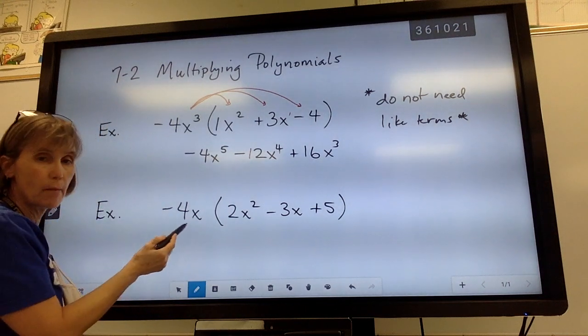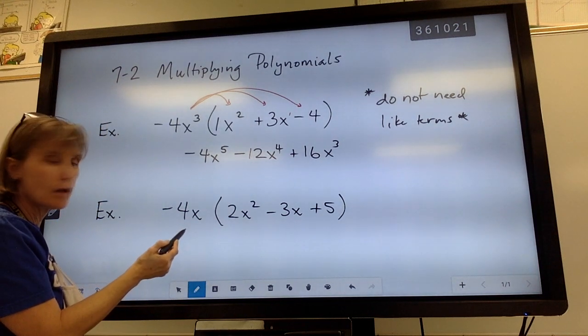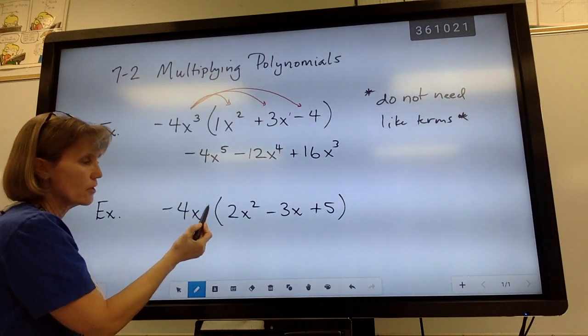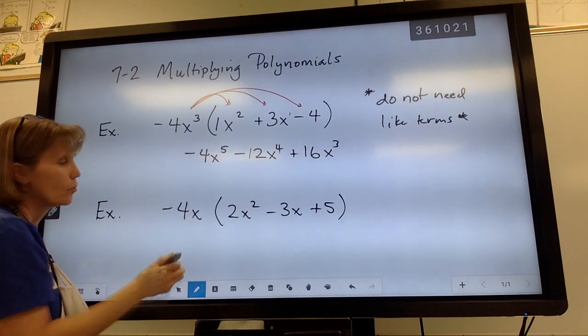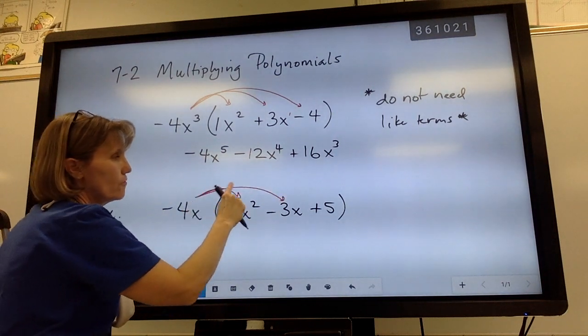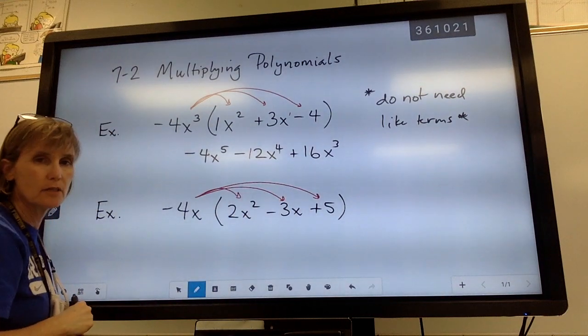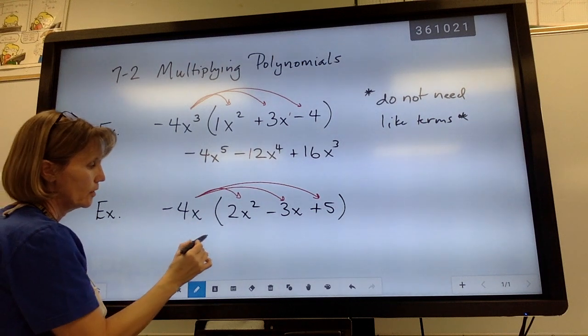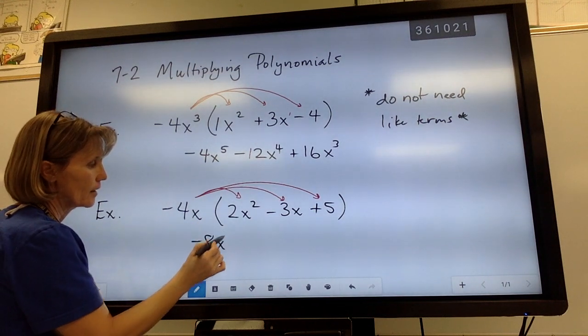Okay, here's another one. We have a monomial sitting outside the parentheses. We know that we're asked to multiply because we just see parentheses. There's no symbol in between here. So we're going to multiply. That means I have to distribute. I'm going to take that -4x and multiply it times each term in the trinomial. So -4 times 2 is a -8. This would be x to the third.